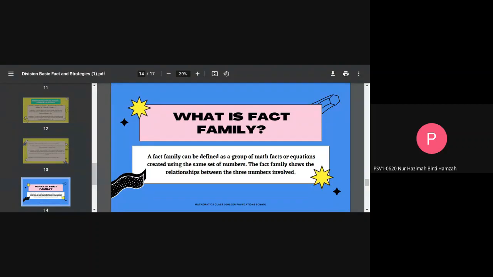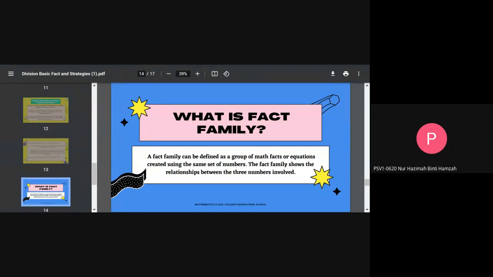For example, the first example is for addition and subtraction fact families. A fact family has been created using the numbers 9, 4, and 5, where 4 and 5 are parts, while 9 is the whole. You can see the block there, where all the parts add to one another and get the whole.